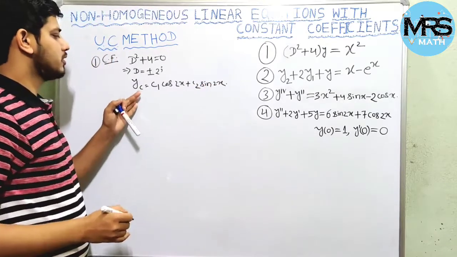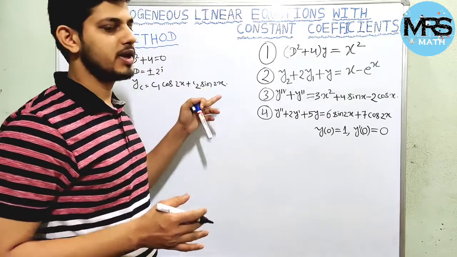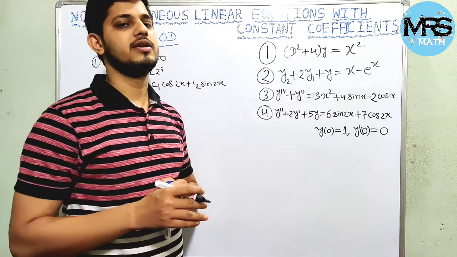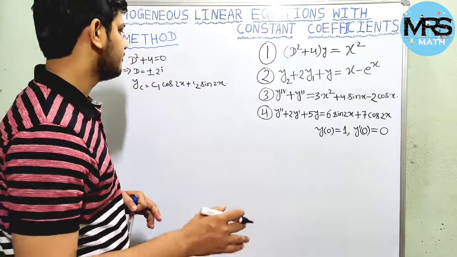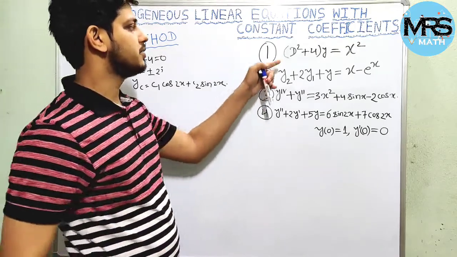If you want to know how I got this, you can see my previous lecture where I discussed how we can find the complementary function. So this is our complementary function for this equation.